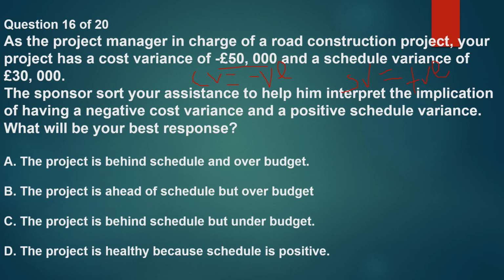That is the first question we have to ask. Cost variance negative means that this project is over budget. And what does over budget mean? It means that you have spent more than the designed budget, the budget that is allocated for the project.